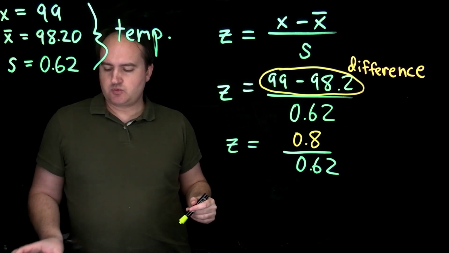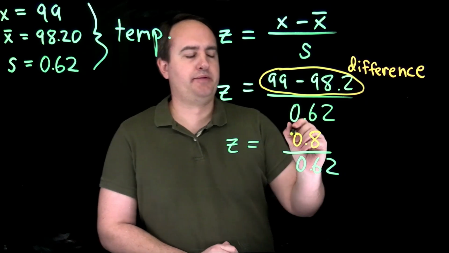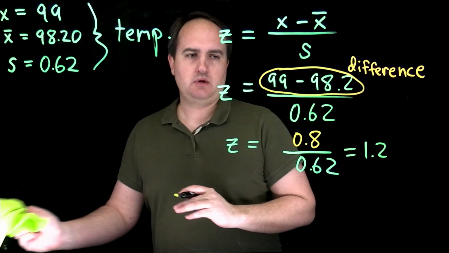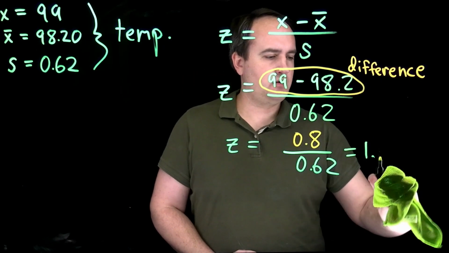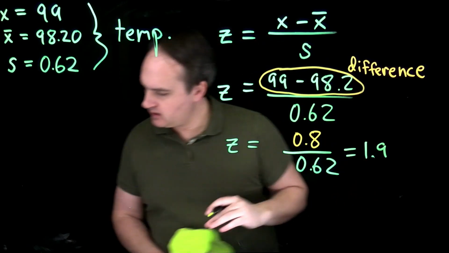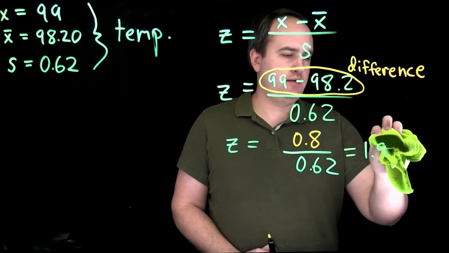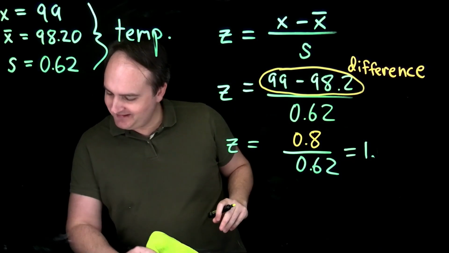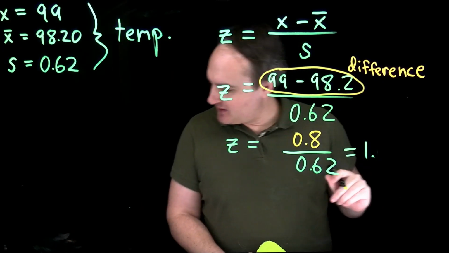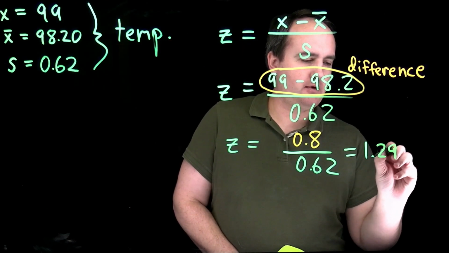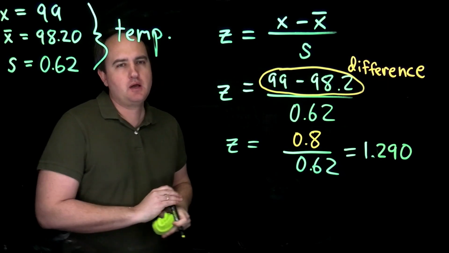That gives us 1.290. Oops, I misspoke earlier. So the z-score that we got here is 1.290.